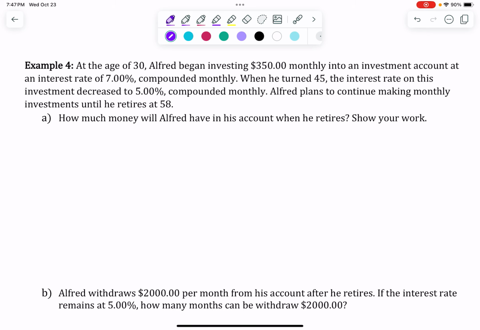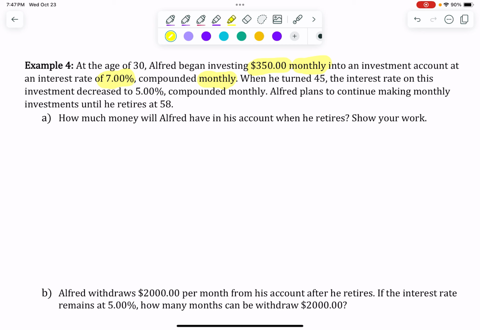At age 30, Alfred began investing $350 monthly into an investment account at an interest rate of 7% compounded monthly.